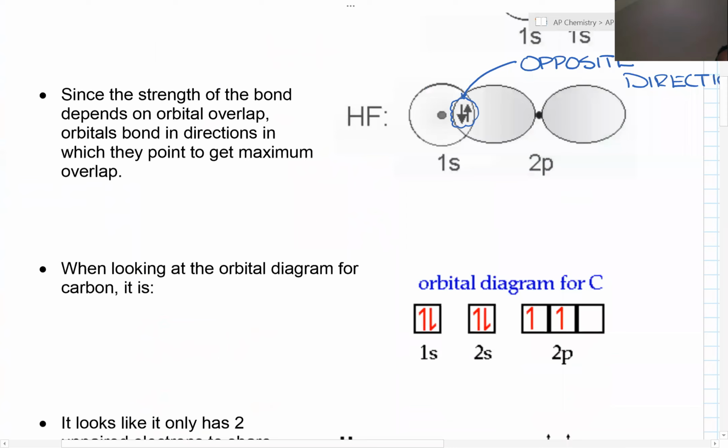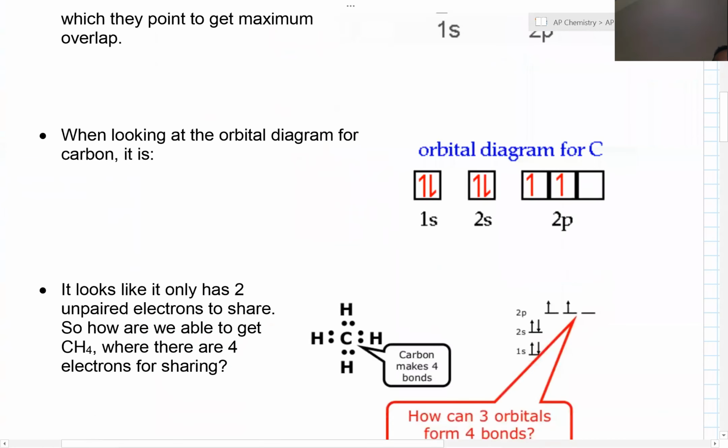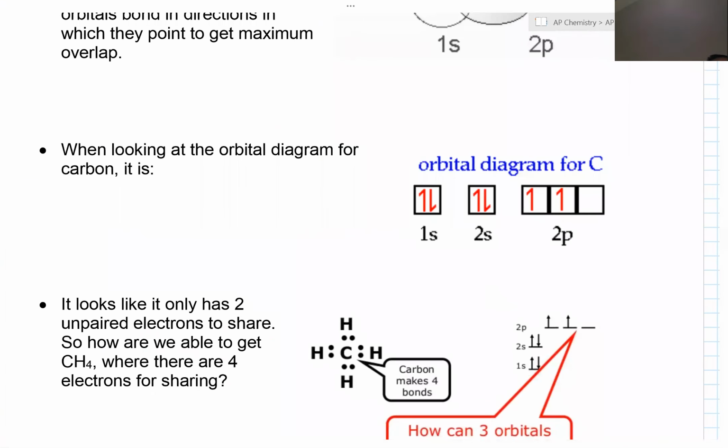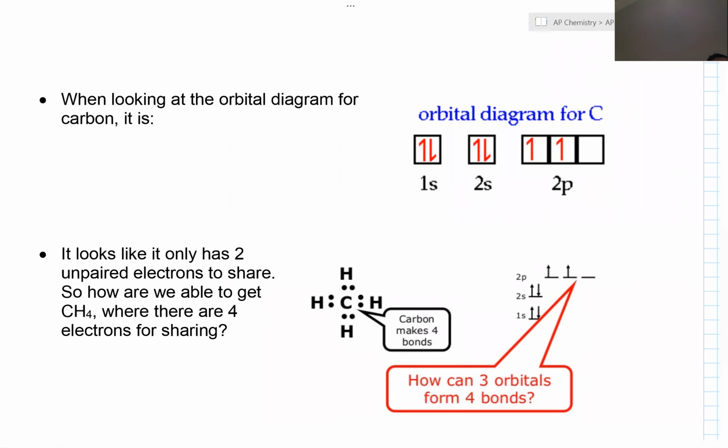Now, when we look at the orbital diagram for carbon, it looks like this. It's 1s2, 2s2, 2p2. Now, it looks like it only has two unpaired electrons to share. So how are we able to get CH4 where there are 4 electrons for sharing? Notice here, there's only 2 electrons.